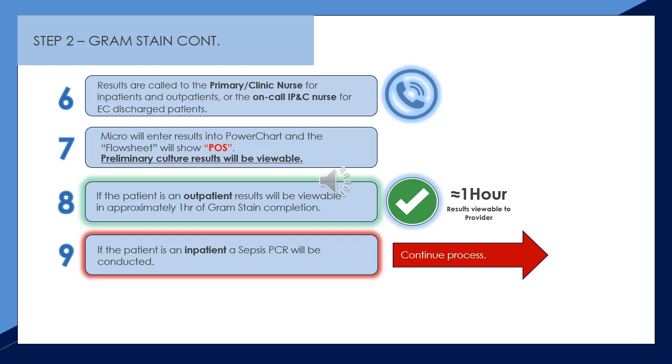Microbiology will enter results into PowerChart and the flow sheet will show a capital POS in red, indicating positive. Preliminary culture results will be viewable. If the patient is an outpatient, results will be viewable in approximately 1 hour of gram stain completion. If the patient is an inpatient, a sepsis PCR will be conducted and the process will continue.